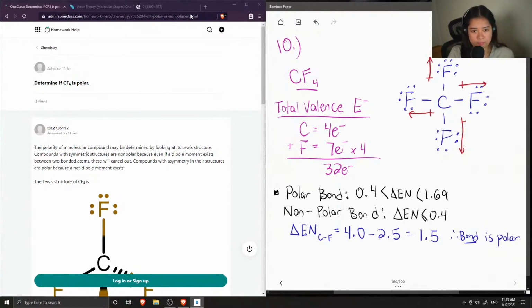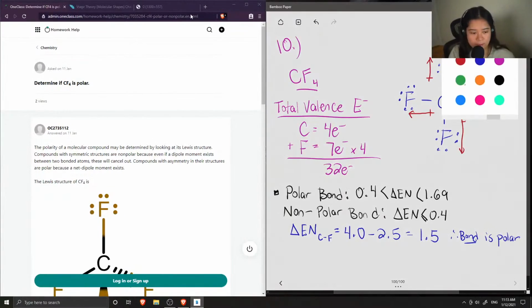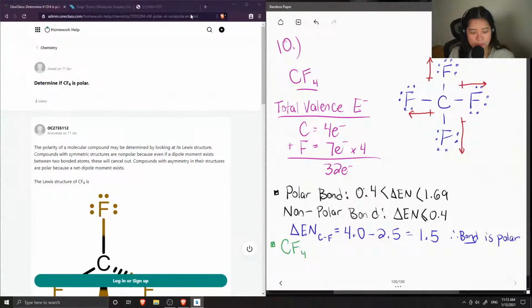But if we look at the actual shape of the molecule, you'll notice that the molecule is symmetrical and that all of the dipole moments cancel each other out.